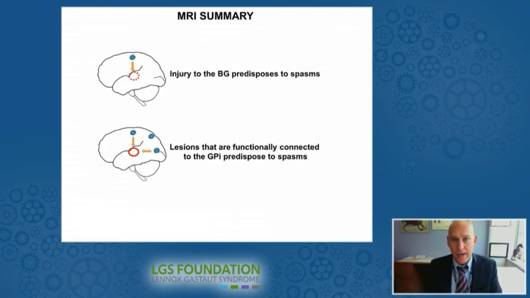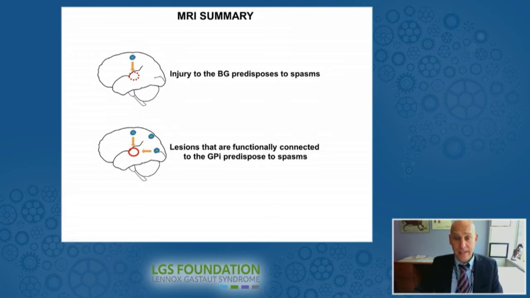So here's my little MRI summary. And what can we learn so far? We know that an injury to the basal ganglia, I'm keeping it purposefully broad, and this includes the thalamus and the deep gray, predisposes to spasms somehow. Here's the focus. There is the influence of an electrical epileptic focus on this hub.